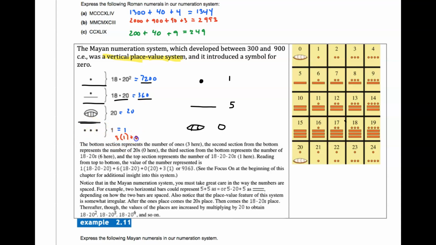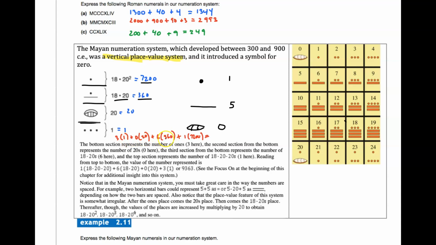I have 0 dots in the 20 position. So it's an additive system also. I have 6 dots in the 360 place value. And then I have 1 dot in the 7,200. And so what happens is you're just going to add this up. It's a multiplicative and additive system.